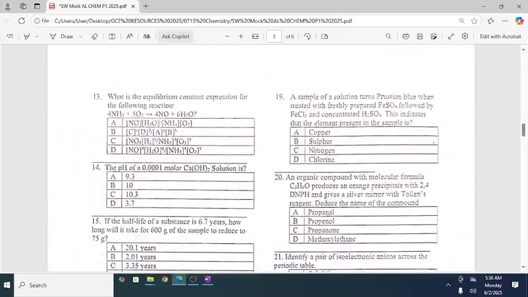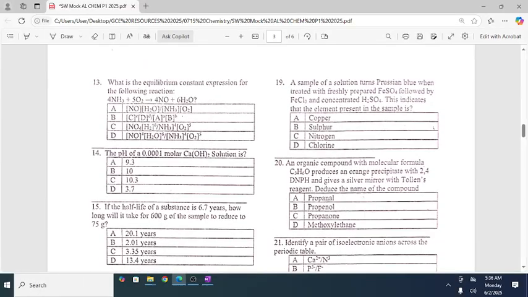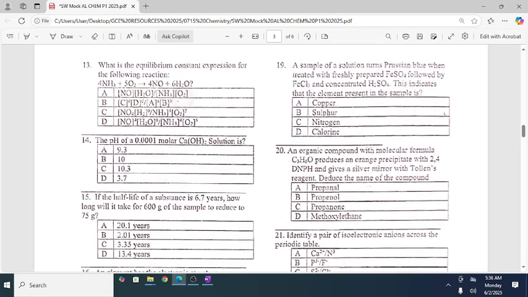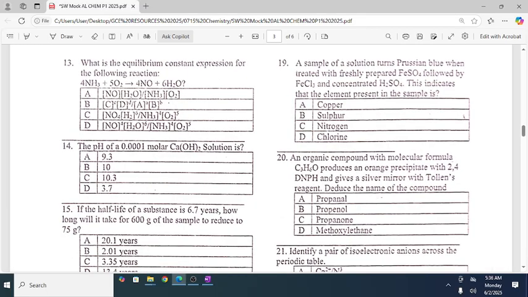Question 13: what is the equilibrium constant expression for the following reaction? So we have ammonia reacting with oxygen gas to give us nitrogen oxide, which is nitrogen monoxide, and water. So what is the equilibrium constant?